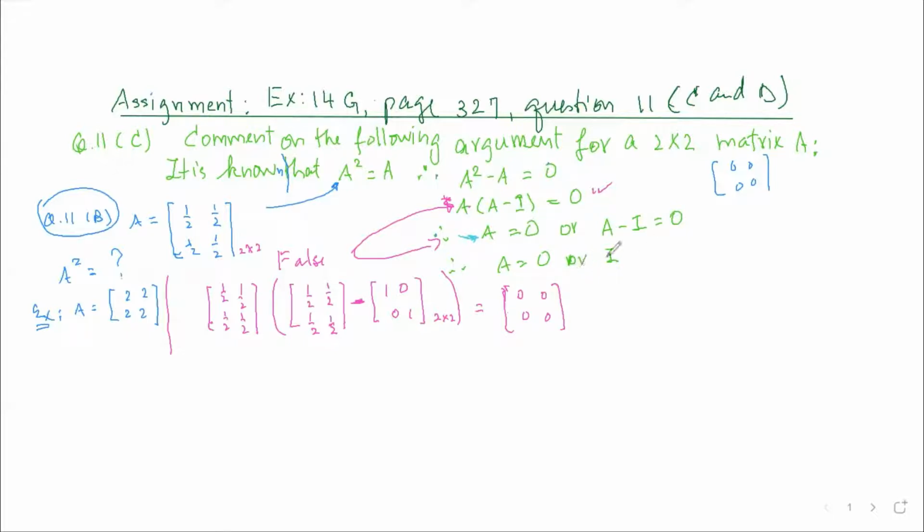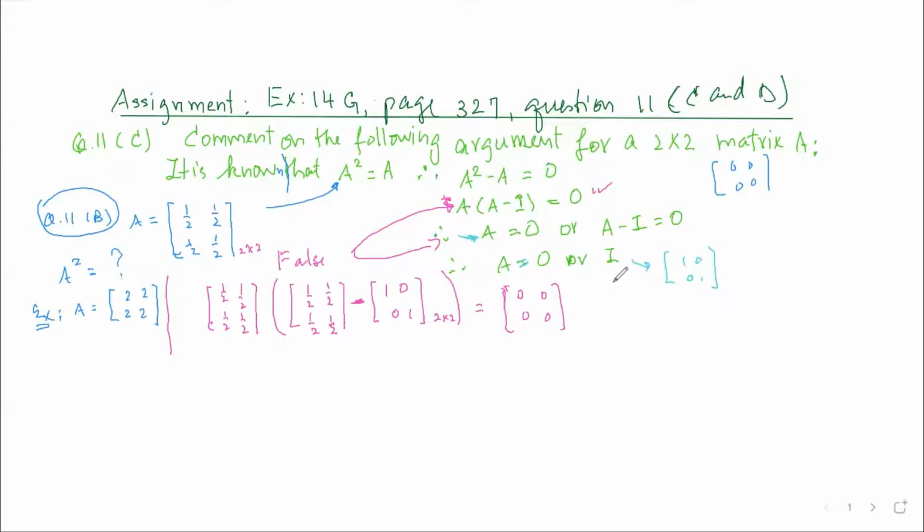Same concept: A equals this matrix, but I is the identity matrix, 1, 0, 0, 1, while A is 1 over 2 in every entry. So it doesn't equal, so it cannot be applied. The meaning is, you remember in the first period, I gave you the comparison table about ordinary algebra and matrix algebra.